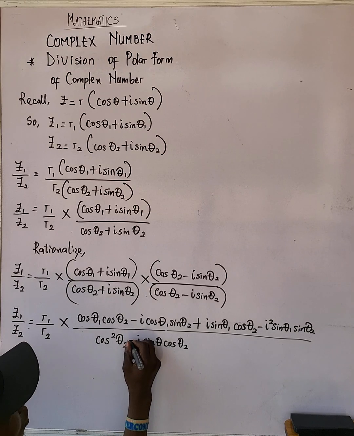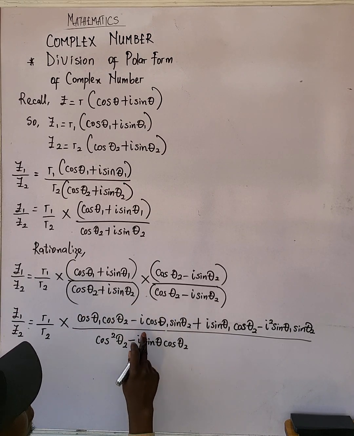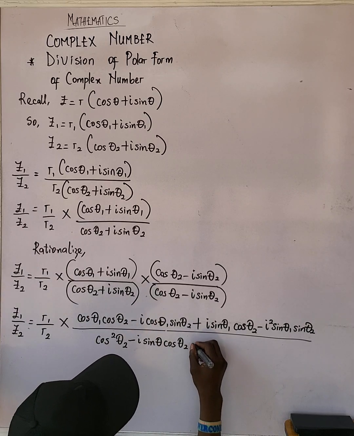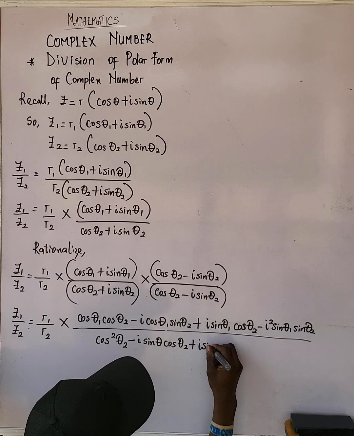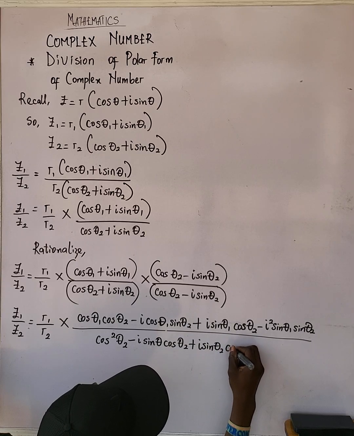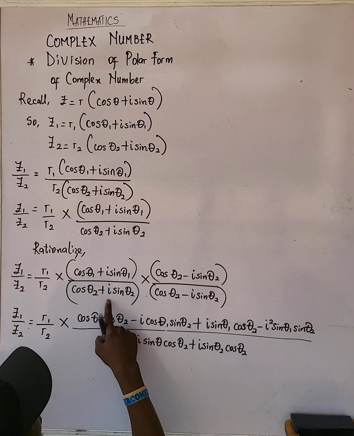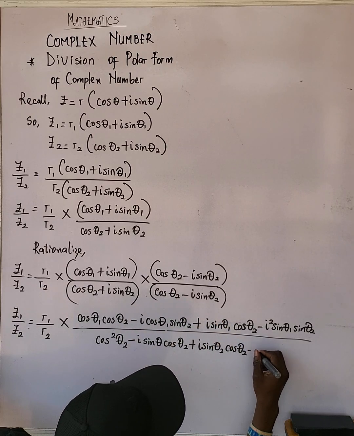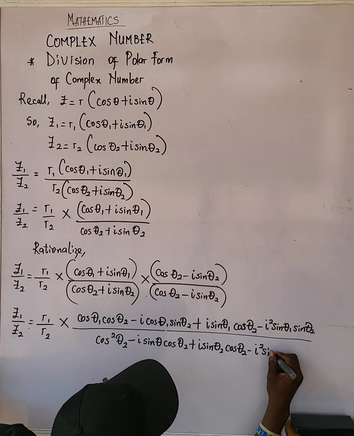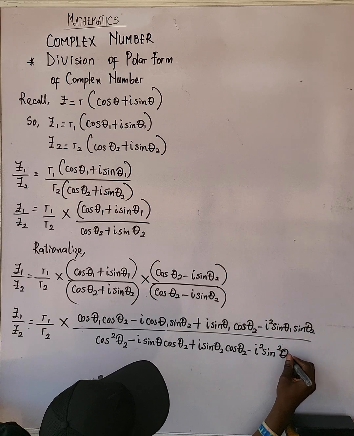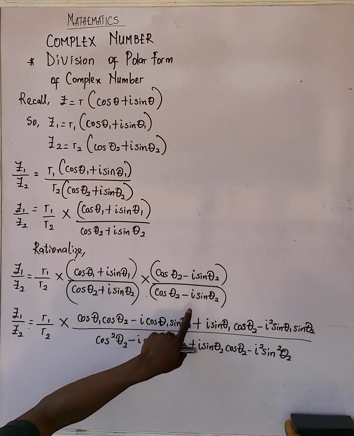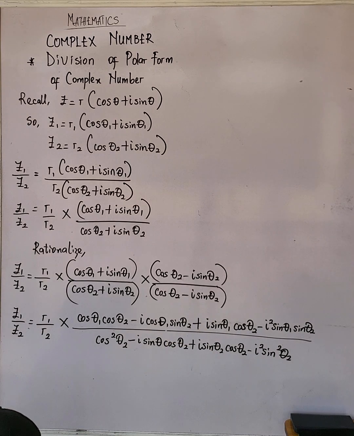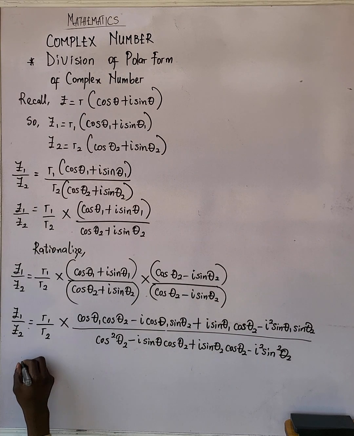Plus i sin theta 2 times cos theta 2 gives us plus i sin theta 2 cos theta 2. Plus i sin theta 2 multiplied by minus i sin theta 2 gives us minus i square sin square theta 2. i times i is i square, and sin theta 2 times sin theta 2 gives us sin square theta 2. Do you understand? So what do we now have?